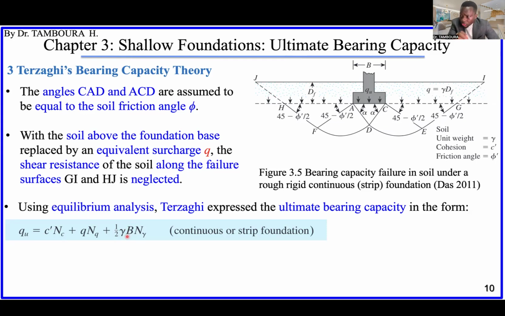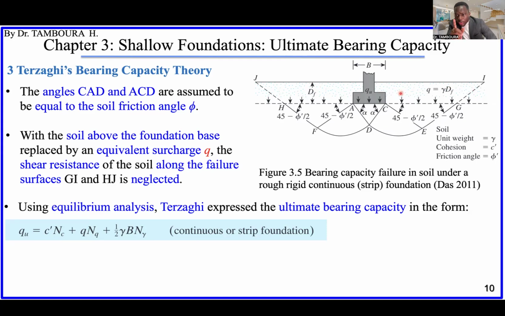Then if you check closely, you will see that this part of the formula is the contribution of the cohesion of the soil, okay? And this part, where you see the q, is the contribution of the weight of the soil above, okay?